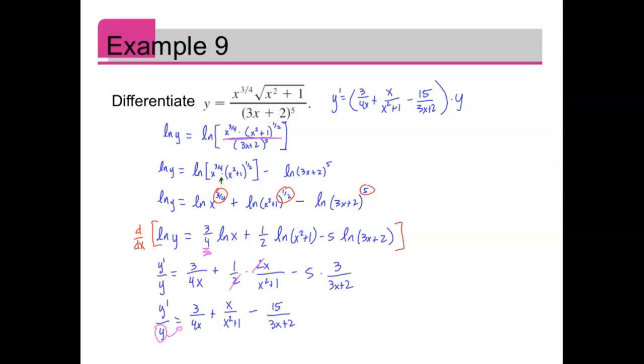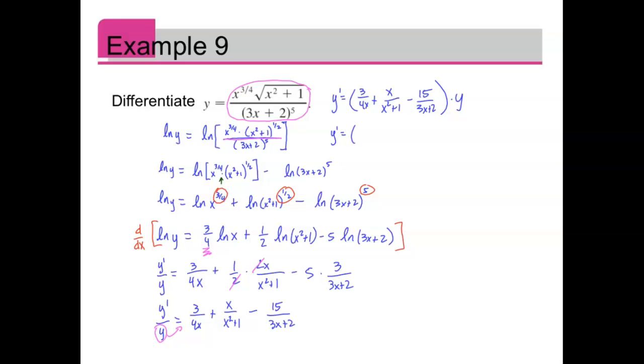And last, my original function is just in terms of x, so I would like my derivative to only be in terms of x as well. So I need to be able to replace y with something, which I can right here, right? This is what y is. So yes, this comes out to be an ugly monstrosity of a function.